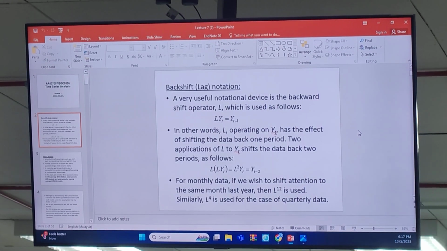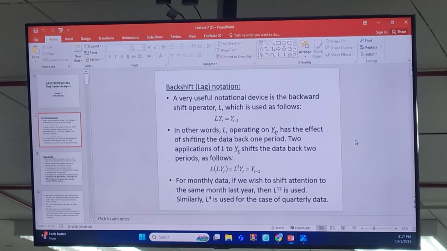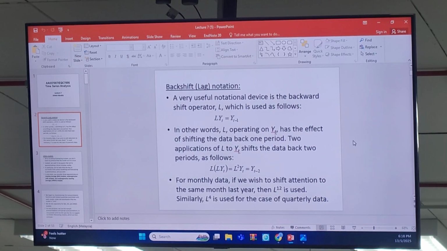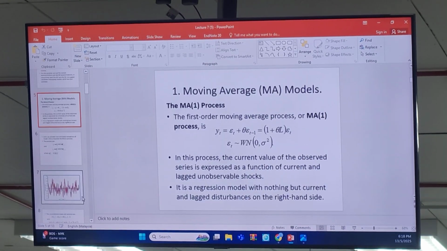We discussed the characteristics of the theoretical ACF, autocorrelation function, as well as the theoretical partial autocorrelation function for different processes, MA(1), MA(2), MA(3), and so on, MA(q), as well as AR(1), AR(2), AR(3), AR(p).